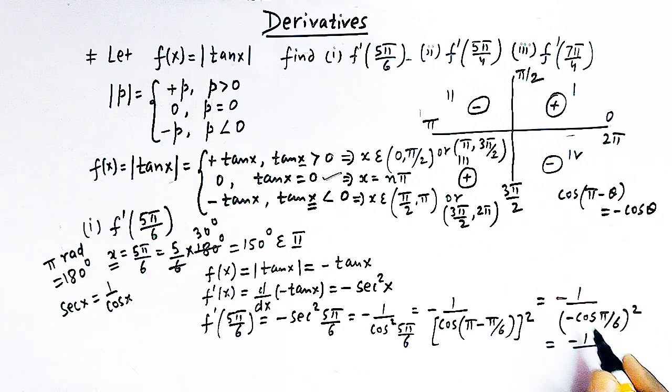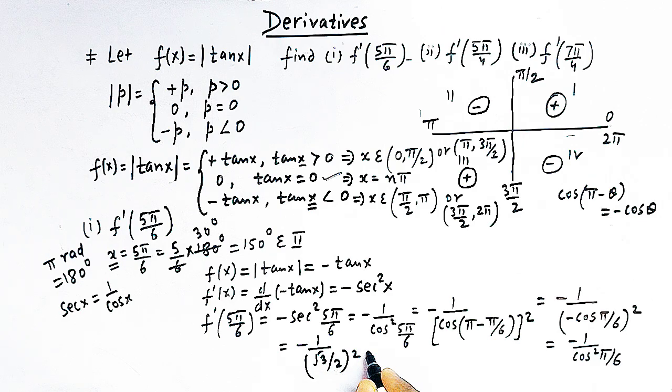So we have minus 1, and minus 1 square is positive. So we have cos square pi over 6. Now cosine pi over 6 is cos 30 degrees, that is root 3 over 2, square, and here we have minus 1.